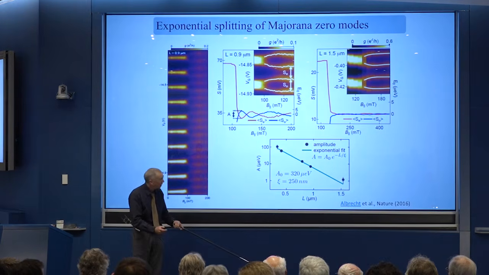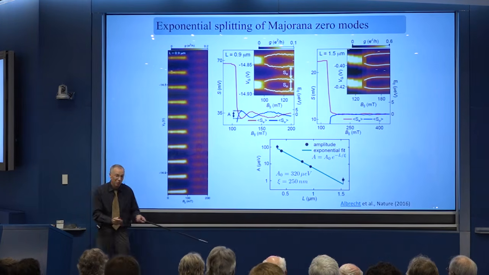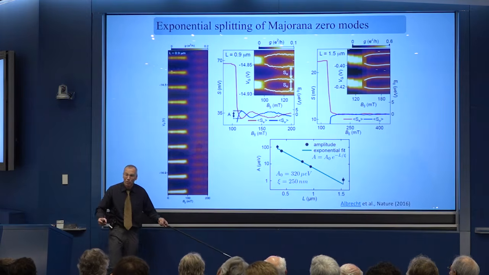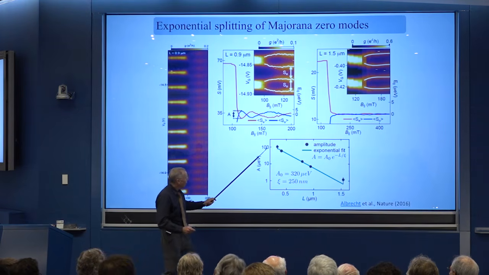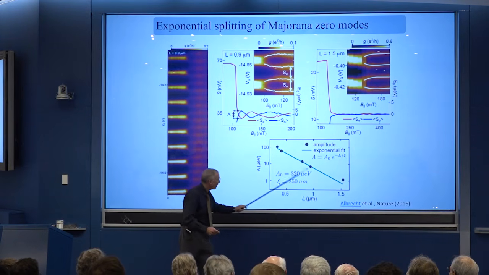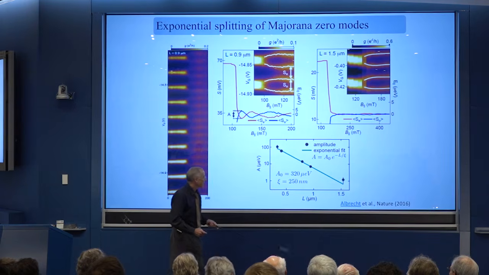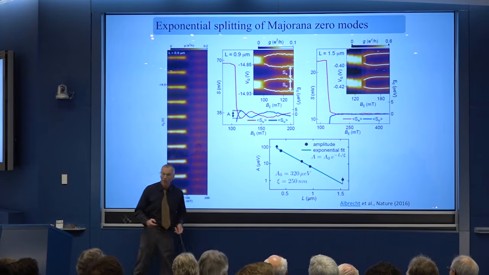But they become better and better zero modes the farther they're separated, which is physically how long the semiconductor wire is. And the fact that the wiggles go down in this exponential way allows us to extract the correlation length of the material.